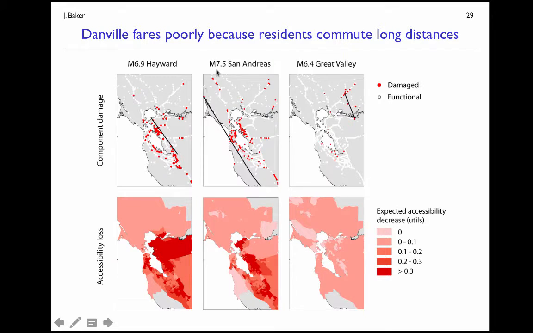But interestingly, when there's a San Andreas fault event over on the peninsula on the western part of the bay, we see a lot of damage in the peninsula as well, a significant number of damaged bridges in the East Bay, and we still see a lot of dark red regions in the East Bay, reflecting the impact on those East Bay residents as they're perhaps trying to commute across the bay, seeing impacts from the loss of the ability to utilize that transportation network. So the fact that the San Andreas event still impacts East Bay residents significantly was a little bit surprising to us, but we felt it was plausible after looking into the analysis in greater detail.